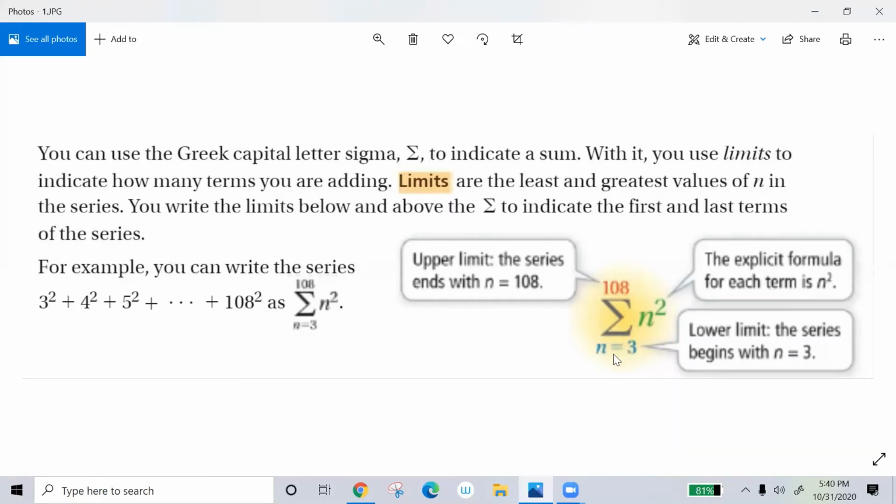So here, n equals 3 is our lower limit. The series begins when n equals 3. And the upper limit is where the series ends, with n equals 108. Our n squared is our explicit formula for each term, so we will follow n squared here. Next.